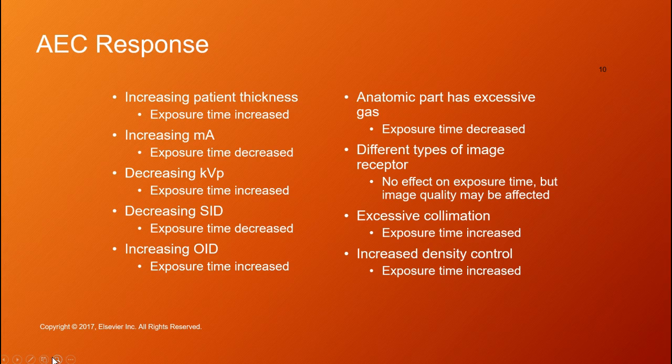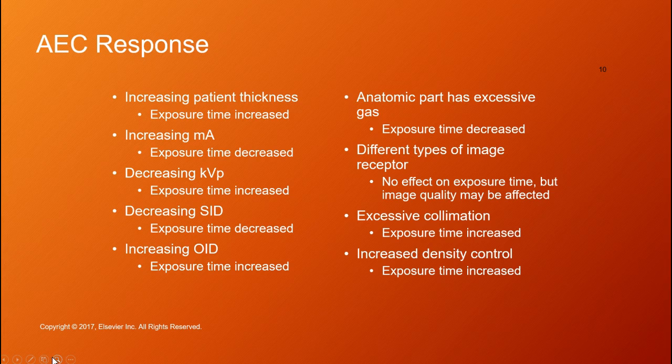So you know, all through this, the exposure time is the only thing that the AEC is responding with, okay? That's the only thing the AEC does for you. The technologist manipulates the other factors, okay? The other factors for AEC systems, though, are usually entered by your medical physicist. So they've determined already what the best kVp to use for that exam is.